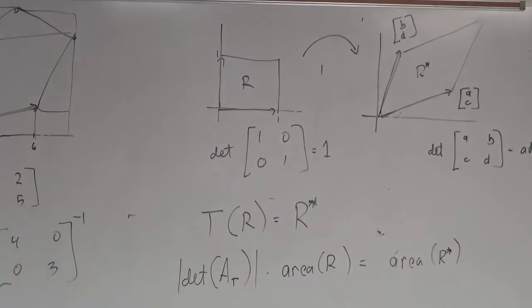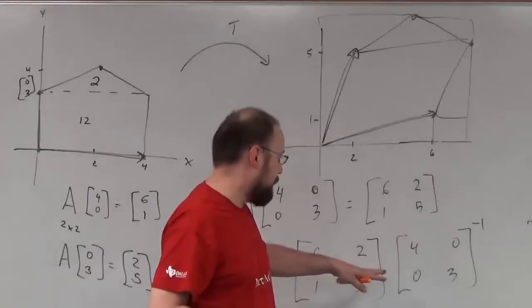So, using that fact, I could find the area of the new house, the warped house. So I know the matrix representing our transformation, which I erased.